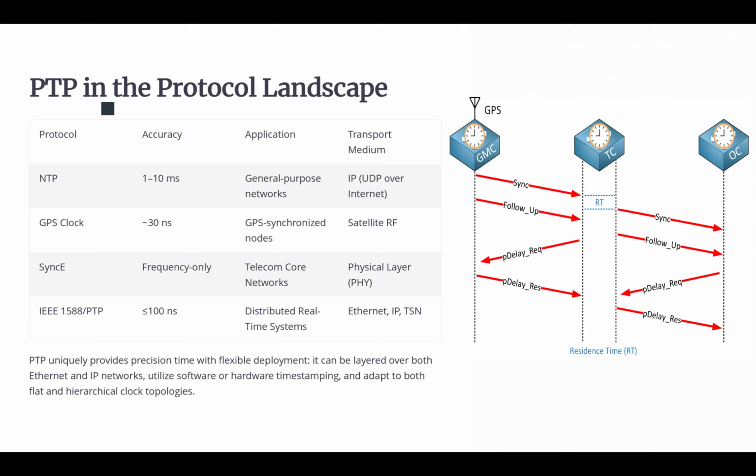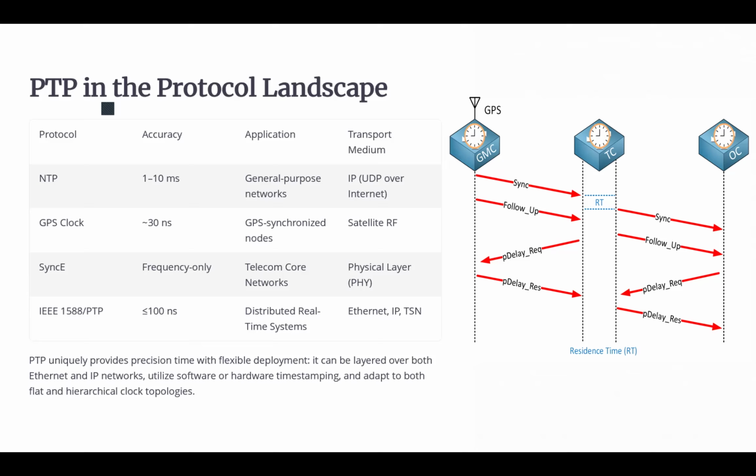This is a very versatile flexibility that makes them able to work over standard local networks or even over the internet. So it depends how you want to set up the system. Another good feature of the PTP is that it supports both hardware and software time stamping.